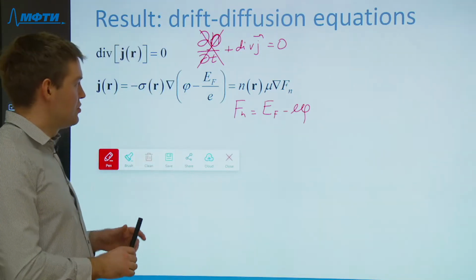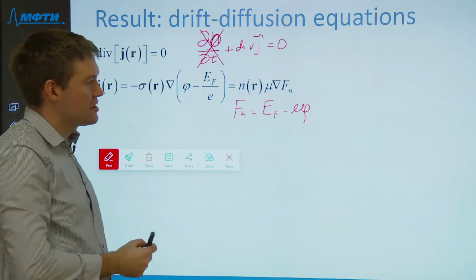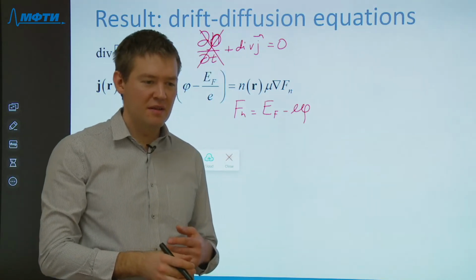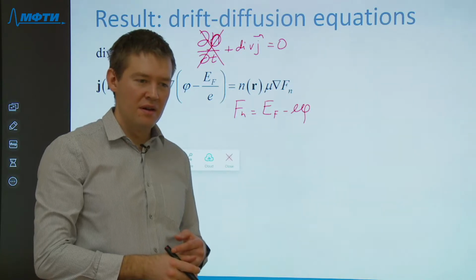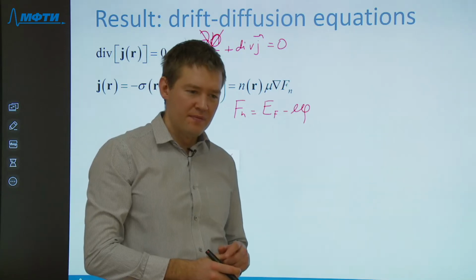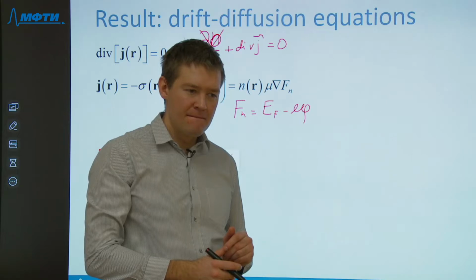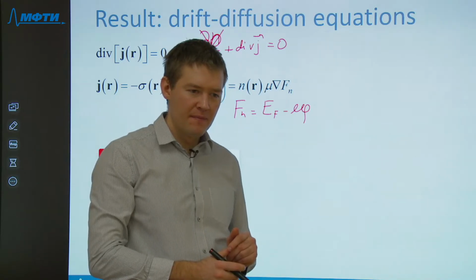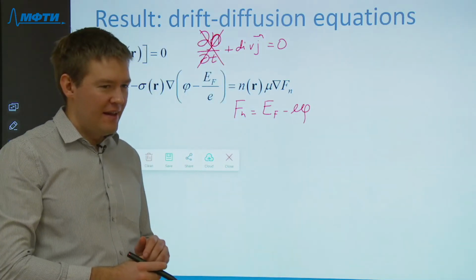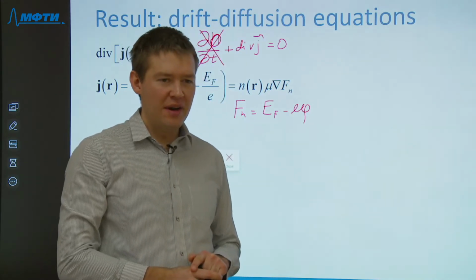We of course should solve these two equations, the Ohm's law and the continuity equation, but there is one missing point. Okay, nobody remembers. Probably we have already solved it.